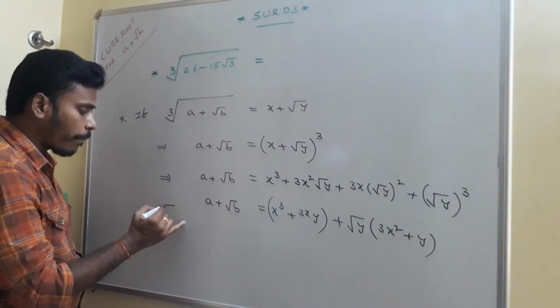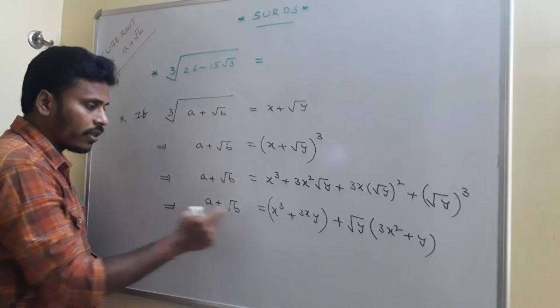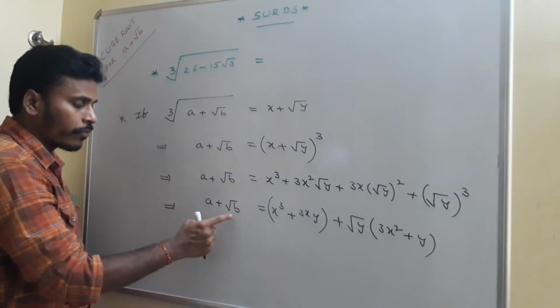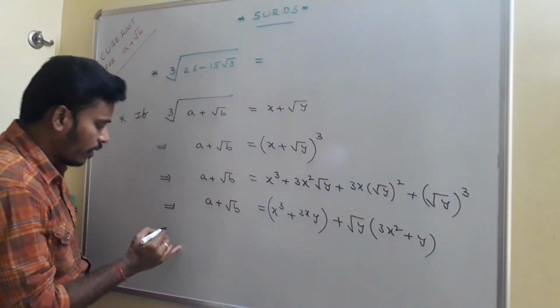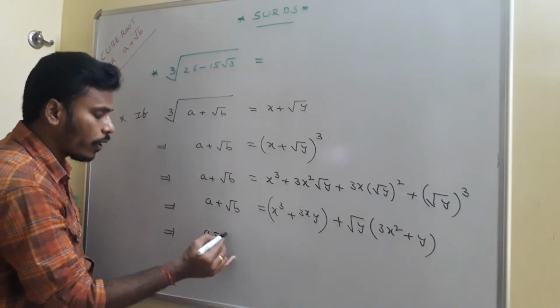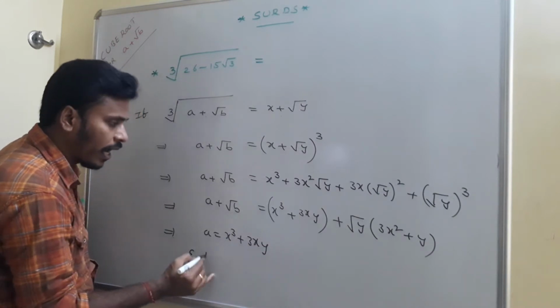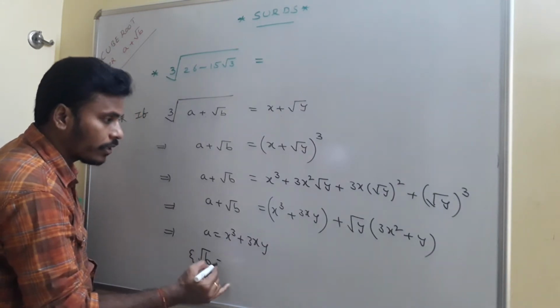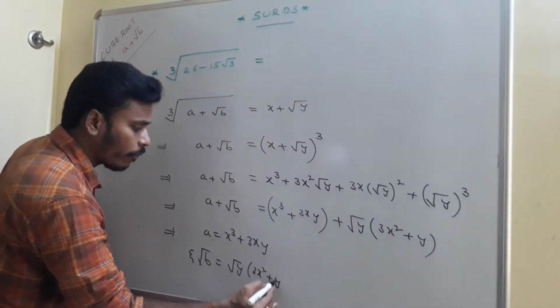If you compare the rational parts and the irrational part, this a is rational, x cube plus 3xy is rational, and this root b is the irrational part. Then you have a is equal to x cube plus 3xy and root b is equal to root y times 3x square plus y.